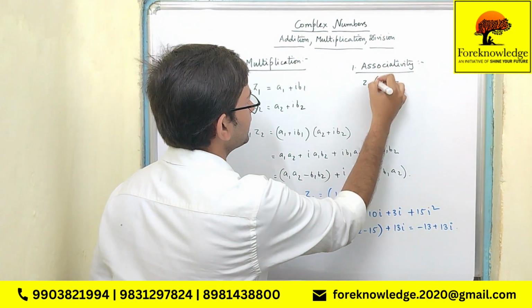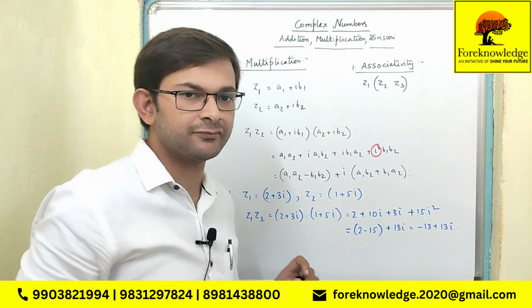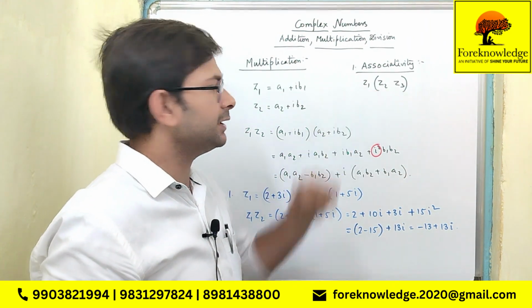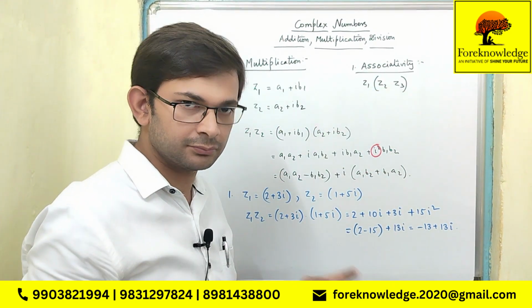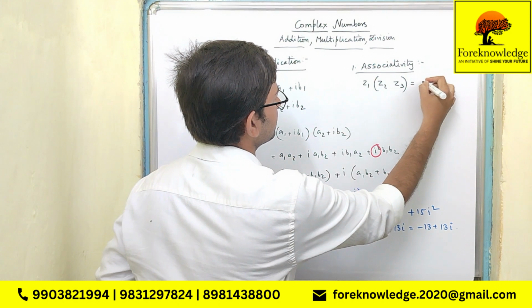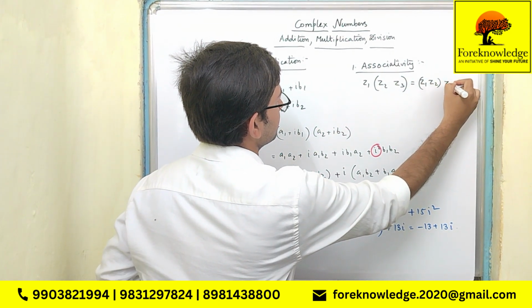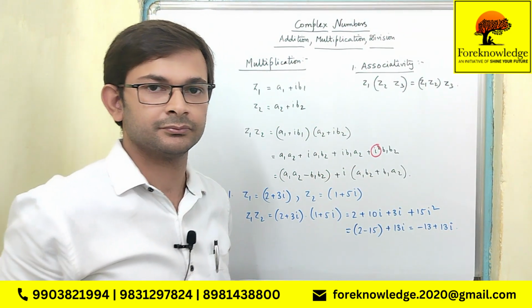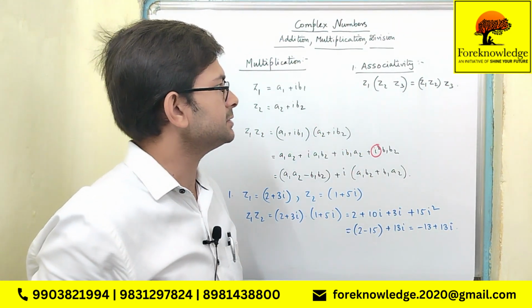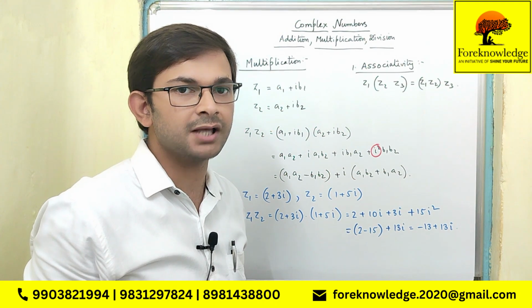Whether you multiply z2 z3 first and then multiply z1 with the product, the same result will be obtained as multiplying z1 z2 first and then multiplying z3 with it. This is the property of associativity.